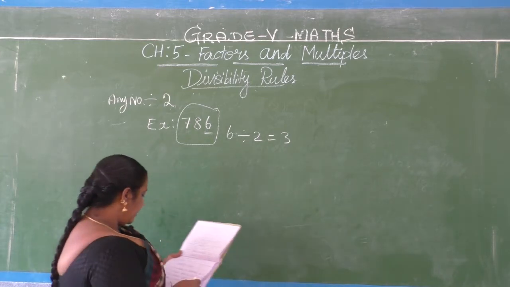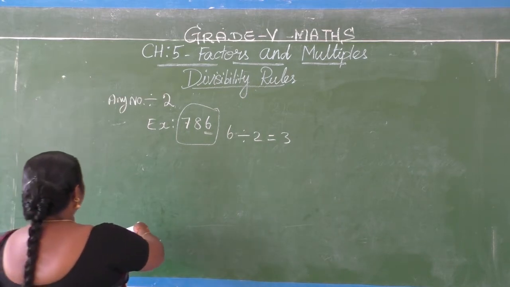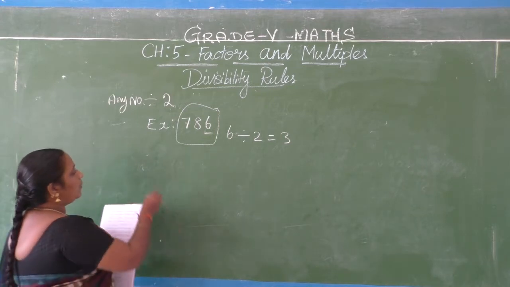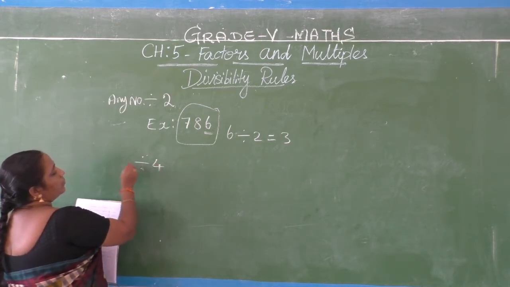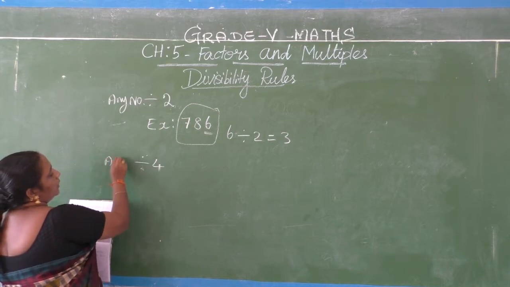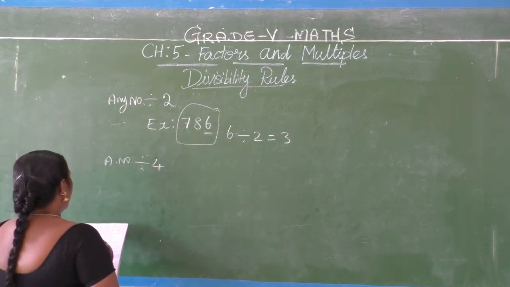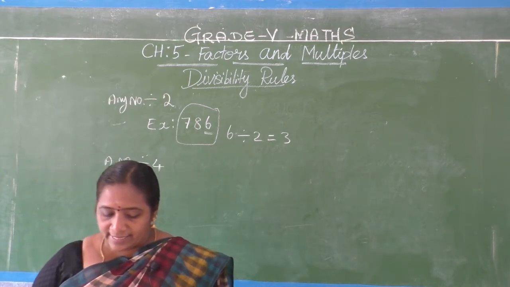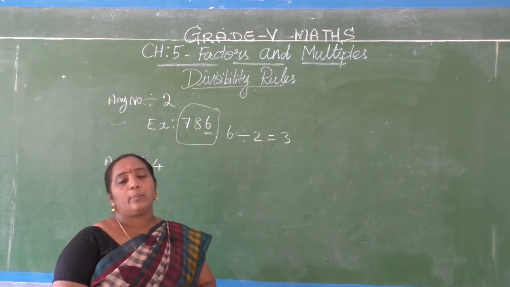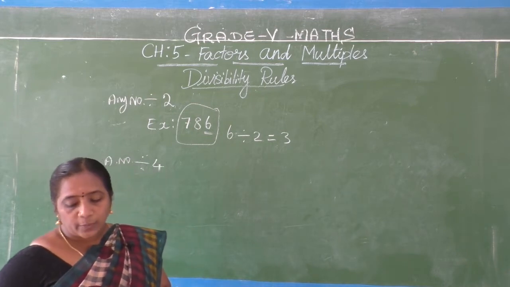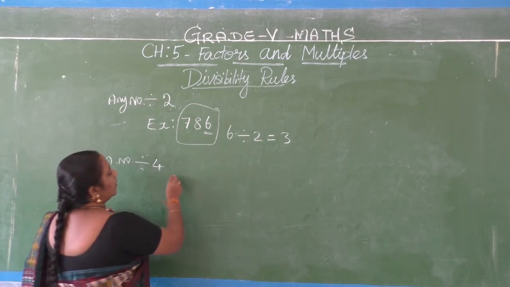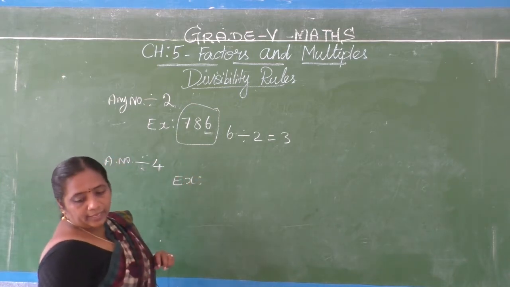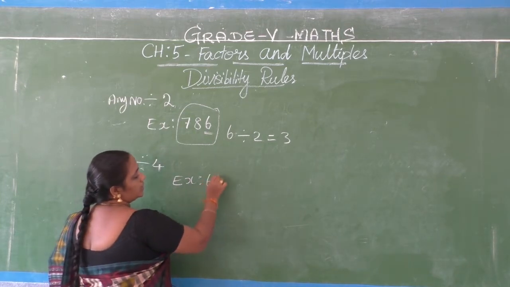Then the divisibility rule of 4. Any number is divisible by 4 if the number formed by the digits in the tens and ones place is divisible by 4. For example, I am taking 612.